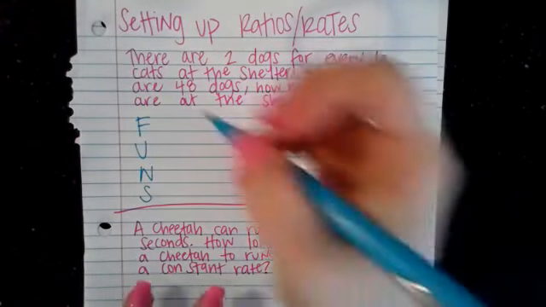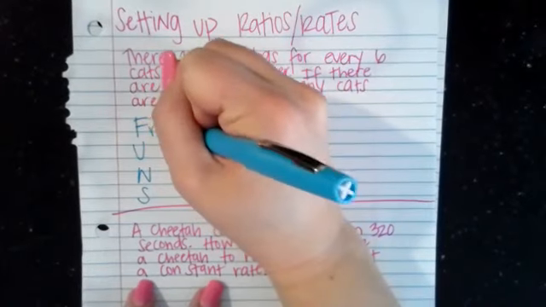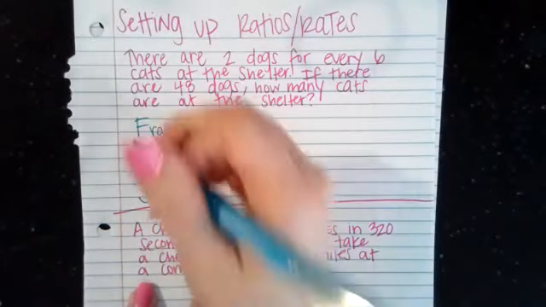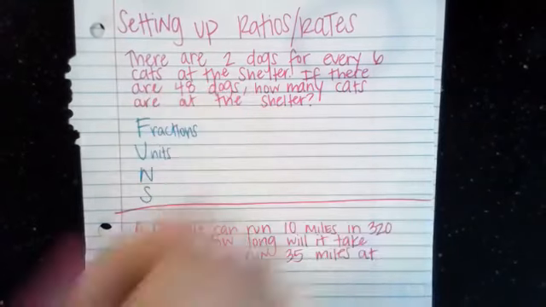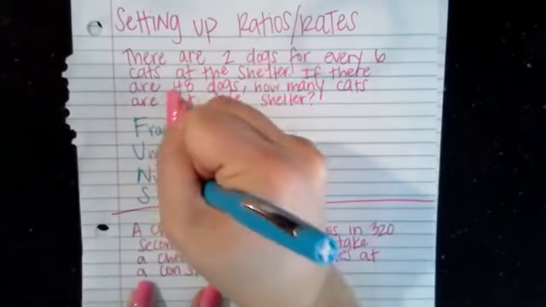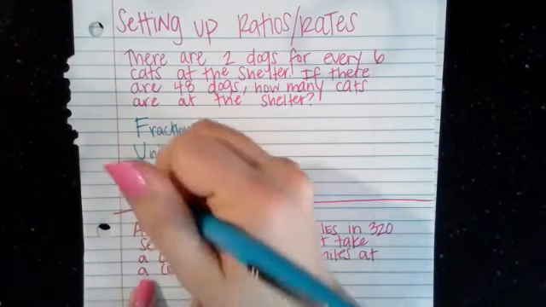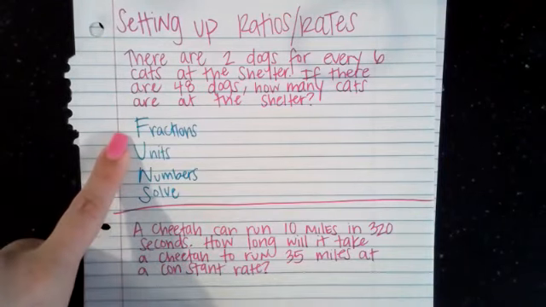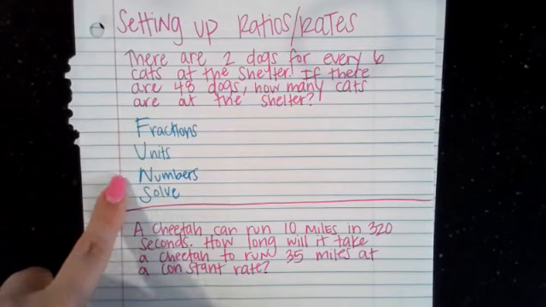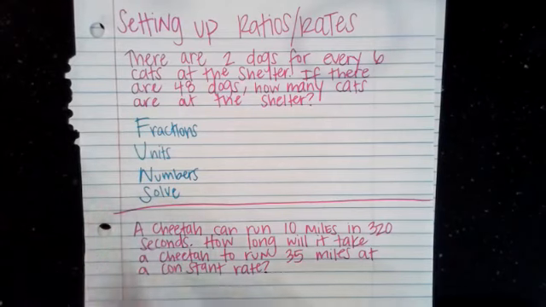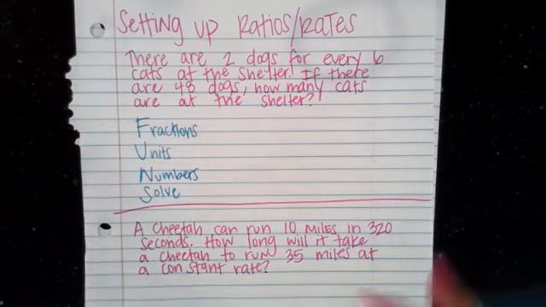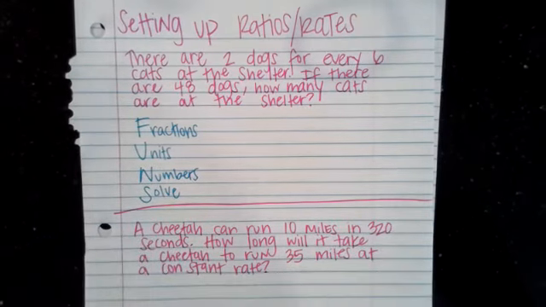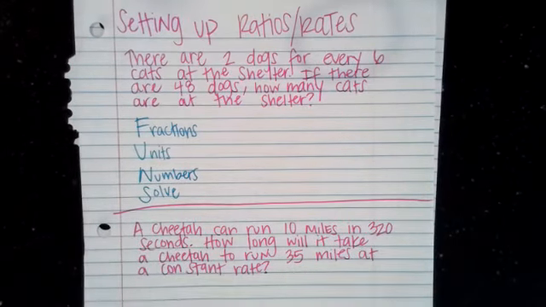The F stands for fractions, the U stands for units, the N stands for numbers, and the S stands for solve. So we're essentially going to set up 2 fractions, put in our units, put in our numbers, and then we are going to solve. And we're going to solve using either the crossroads or the cross multiplication method that we talked about in the previous video.